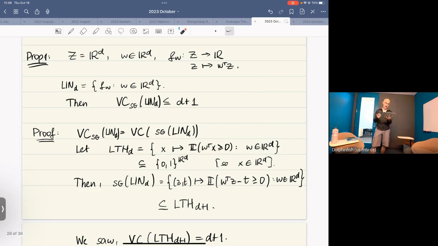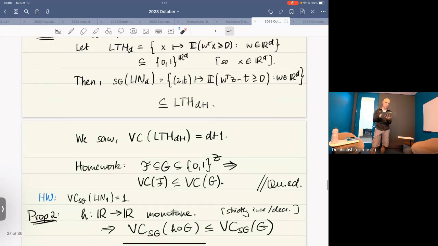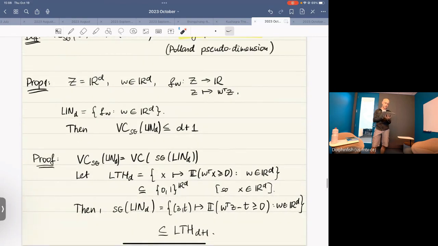And so here x is in R^d. And we already saw that the VC dimension of this linear threshold class is d. So that was some discussion that we had before.